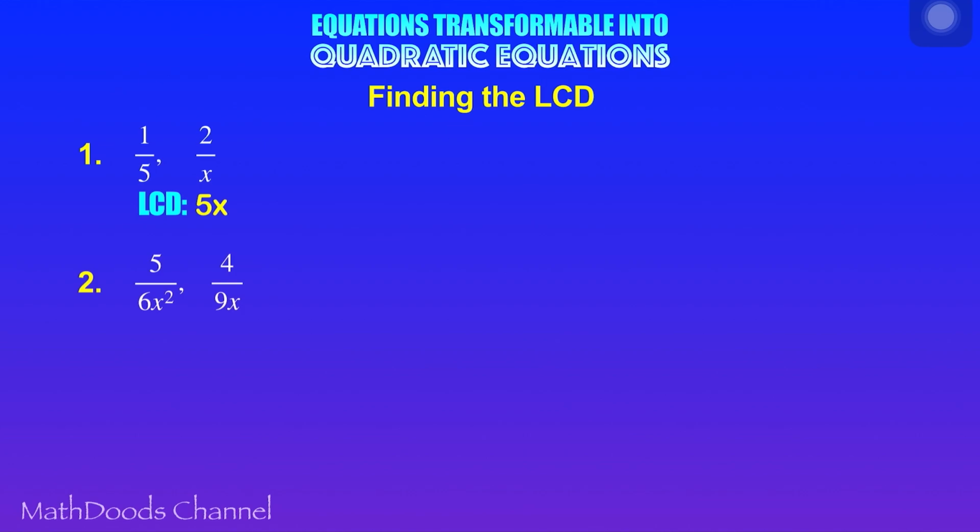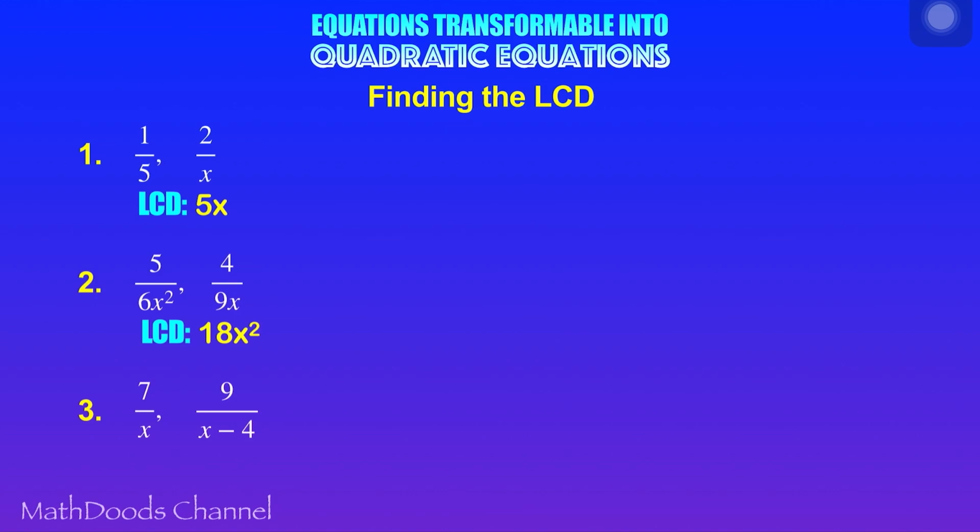So, 18 ang gagamitin mong LCD ng 6 and 9. Tapos yung x squared at saka x, kung ano yung highest exponent, yun. So, ang LCD ng number 2 ay 18x squared. Kung ano yung highest exponent sa variable, yun ang kukunin. So, 18x squared.